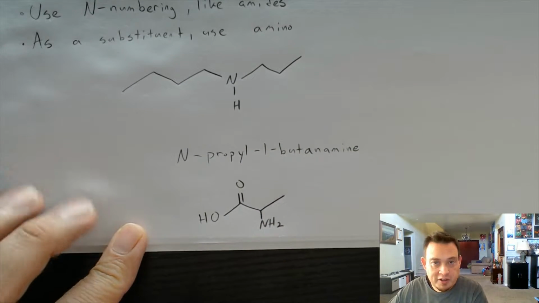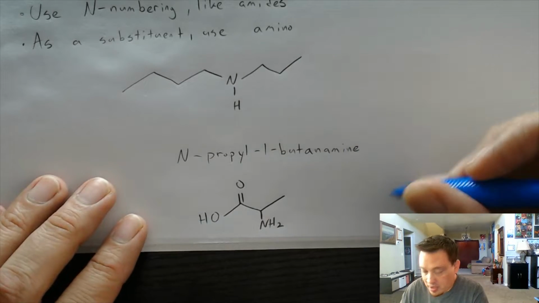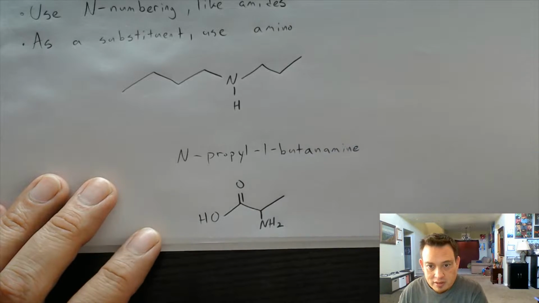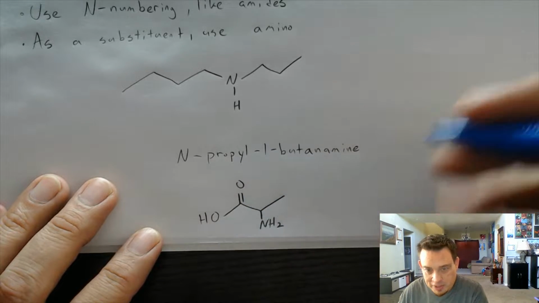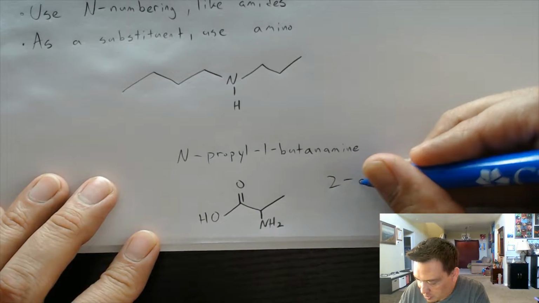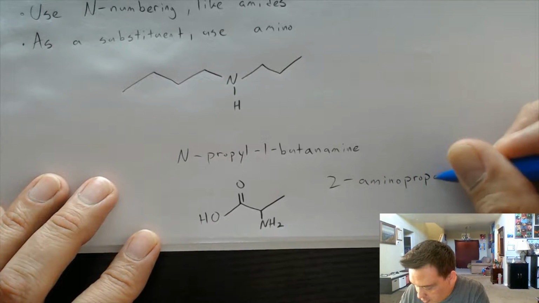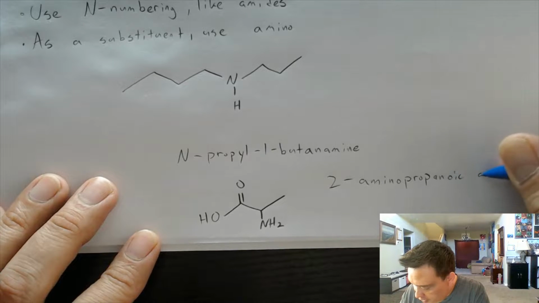So I have this particular compound that I want to name. Looking at the parent here, this is the propanoic acid. And then we have at carbon 2 an amino group. So this is 2-aminopropanoic acid.